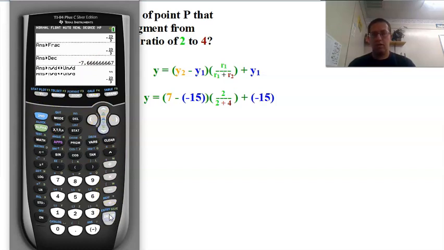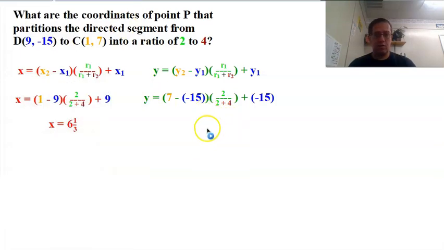Leave it as a fraction if it's a fraction. And this is negative 7 2/3. Negative 7 2/3, or you could leave it as -22/3. That's fine too, I'll take it that way. All right, so that's my x. There's my y. So my answer is point P at 6 1/3, negative 7 2/3.